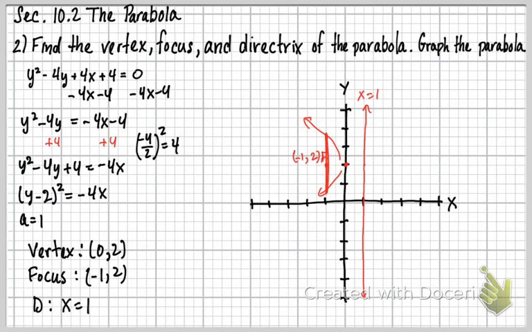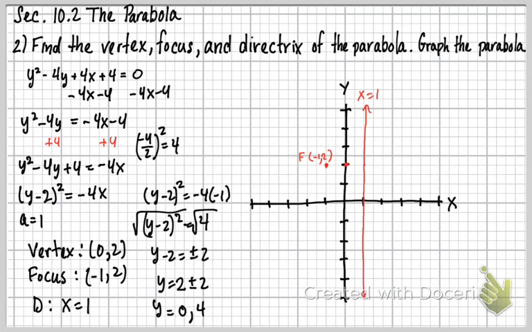So I'm going to plug in -1 for my x. When I plug in -1 for x, we end up with y equals 0 or 4. So then my points are, remember I plugged in -1 for x, -1, 0 or -1, 4.